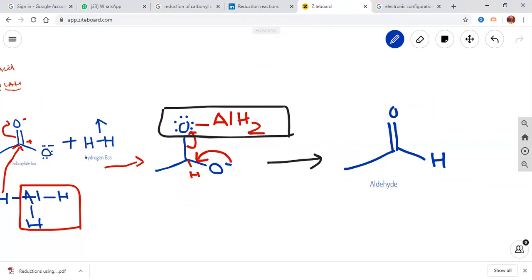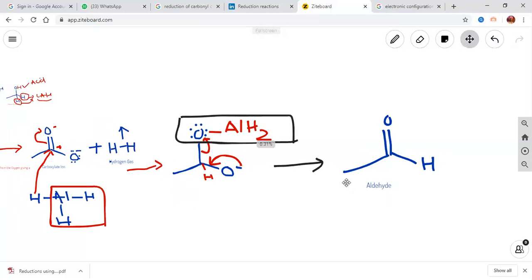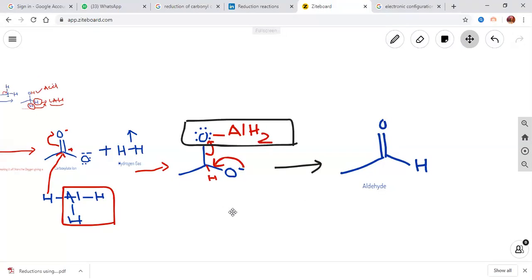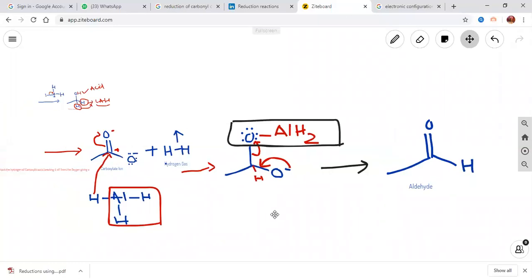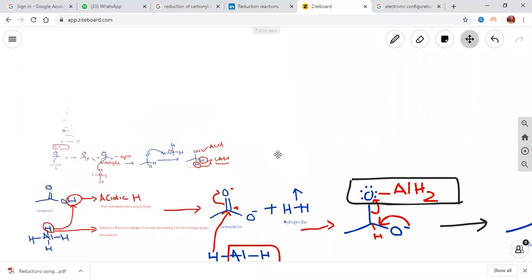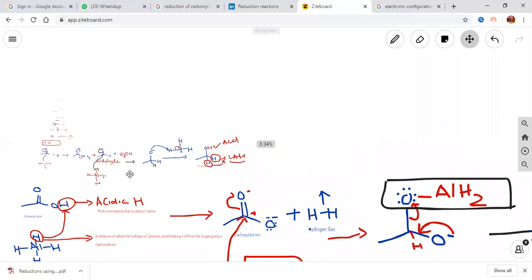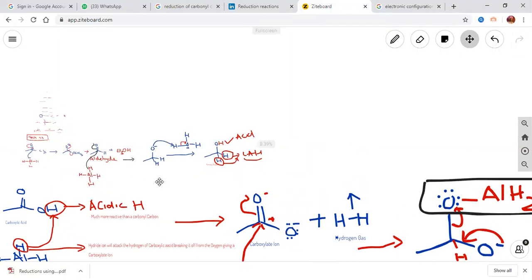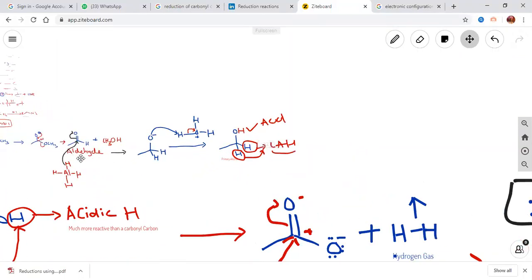Now the aldehyde again will be attacked by lithium aluminum hydride, because there are millions of lithium aluminum hydrides in the solution. The same process goes here, like this.